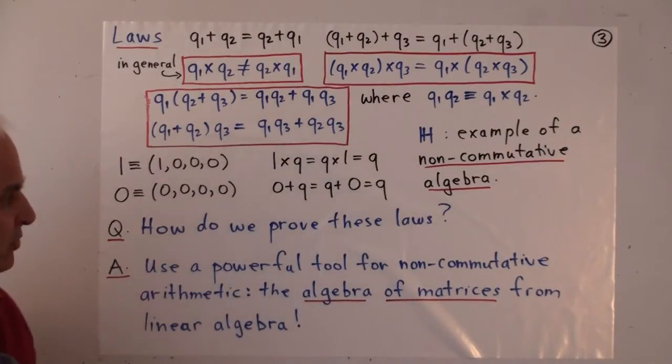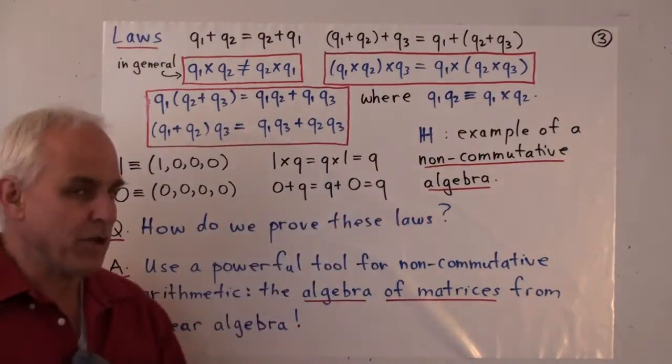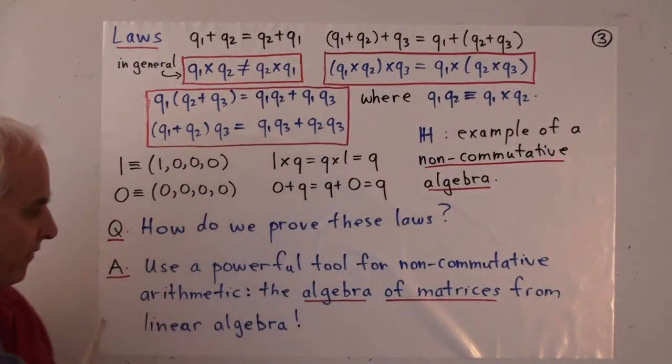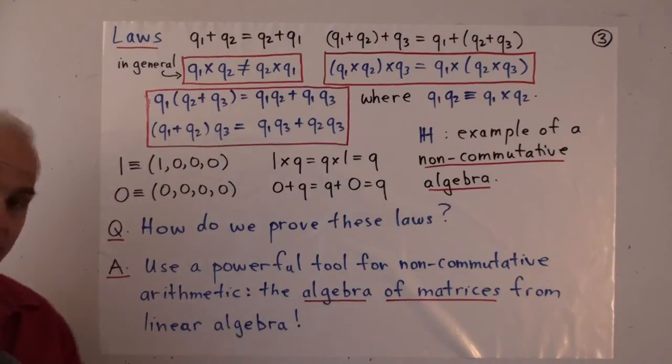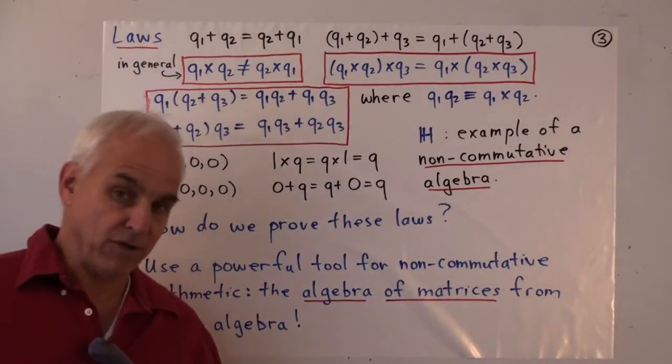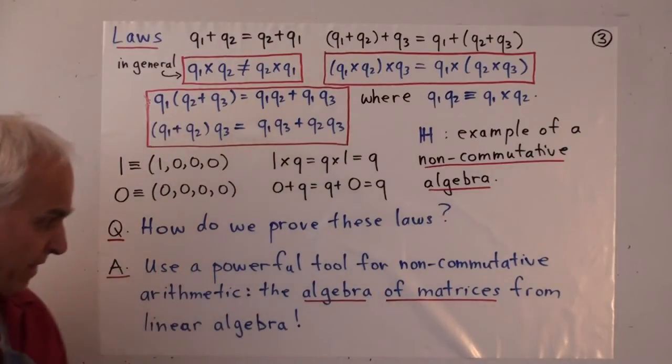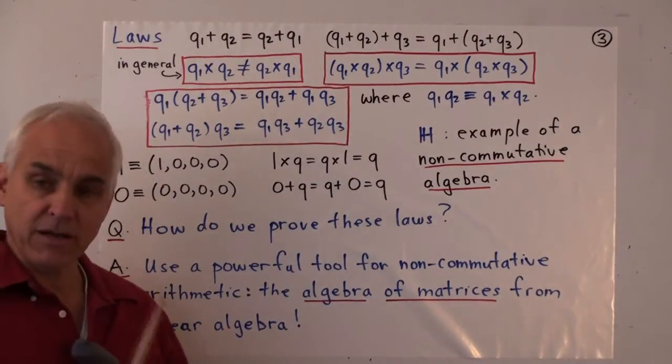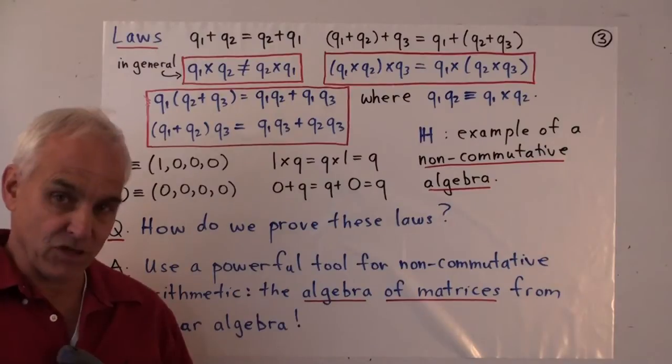So even undergraduates who have never heard of non-commutative algebras and so on will very likely have familiarity with multiplying and adding matrices, for example 2x2 matrices. And they will know that that's in general non-commutative when it comes to multiplication.